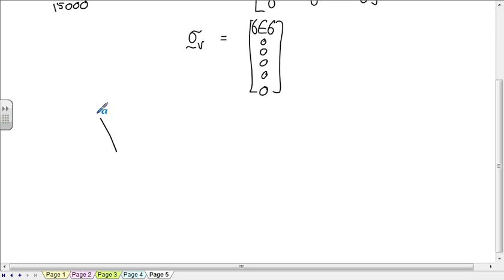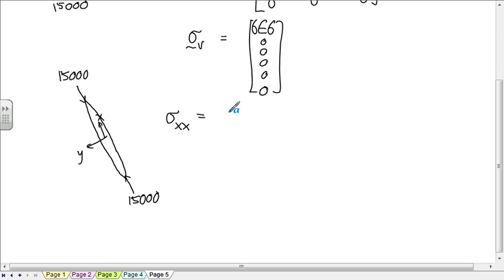Member 2 is in compression of 15,000. So again, think about the x-axis pointing along the long axis. Then the xx stress is negative 15,000 divided by 0.0004.